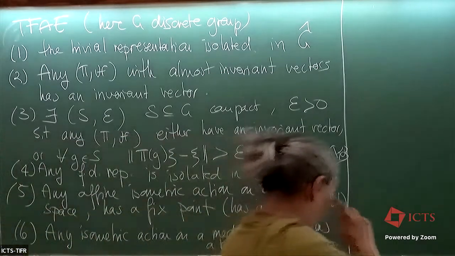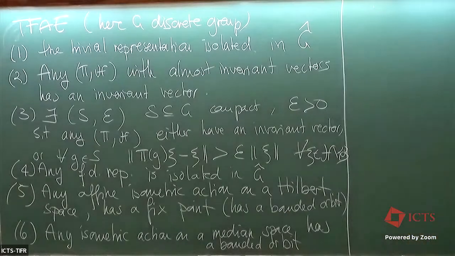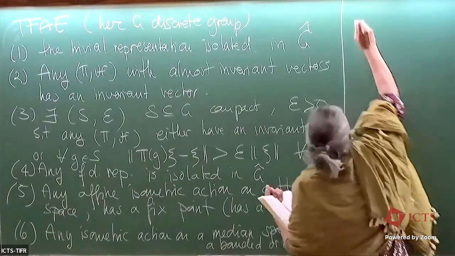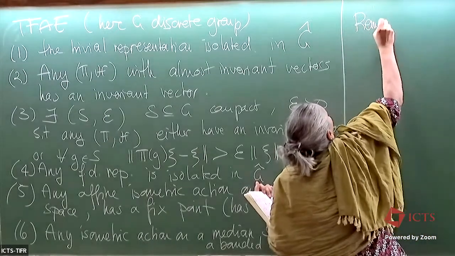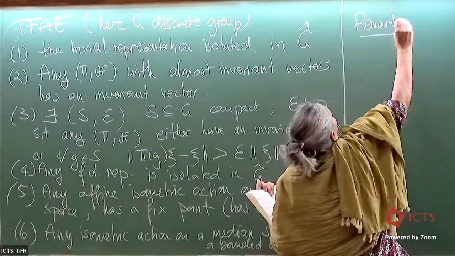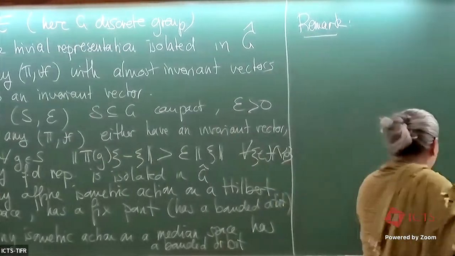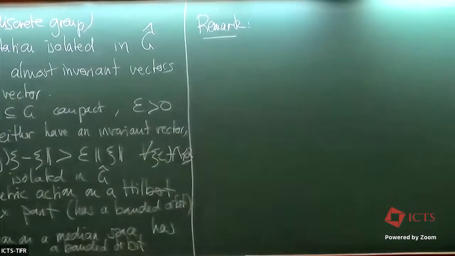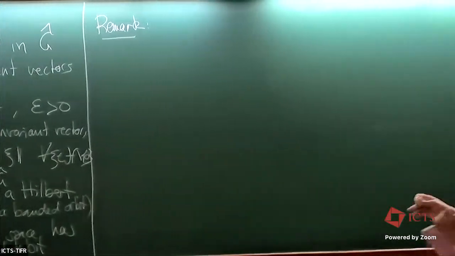Okay, and given the questions that I had, I thought that I will say a few more words on the fact that if you're amenable and have property T, then you're a finite group. But before I do that, let me just make a comment. First, the list of groups with property T.